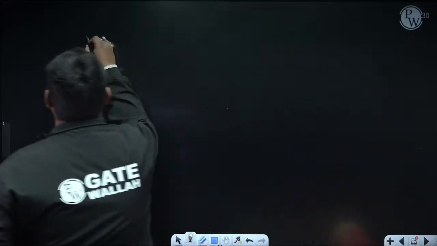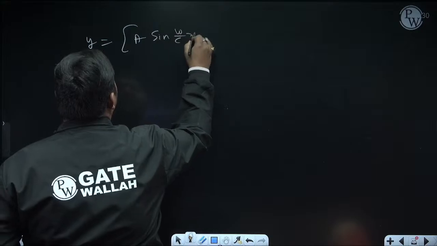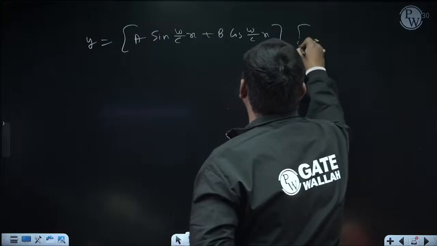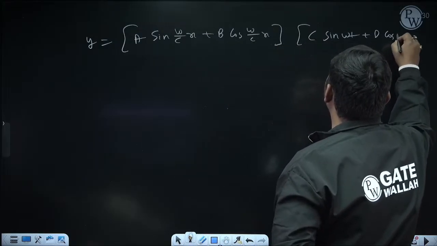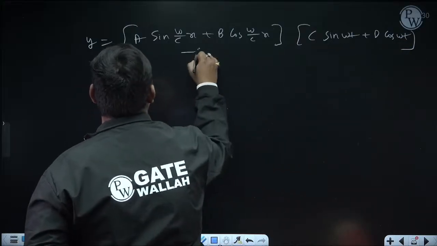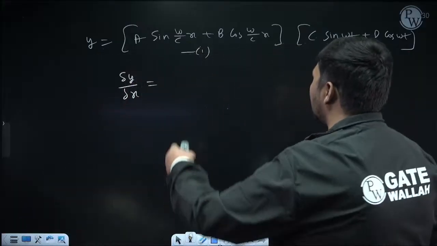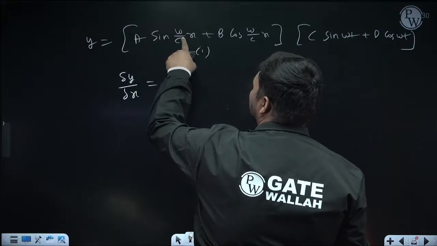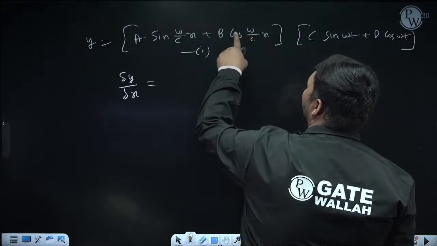So here the equation of y is (a sine(omega x by c) plus b cos(omega x by c)) into (c sine omega t plus d cos omega t). Now both boundary conditions I know are related to del y by del x, so I am finding its expression. Differentiating this, it will be a omega by c cos(omega x by c), and here also omega by c comes outside, and the differentiation of cos is minus sine.